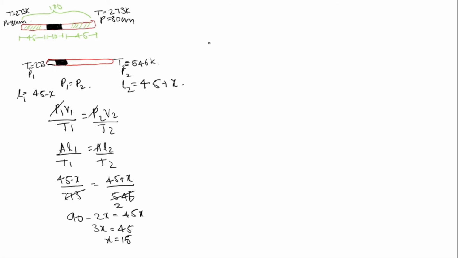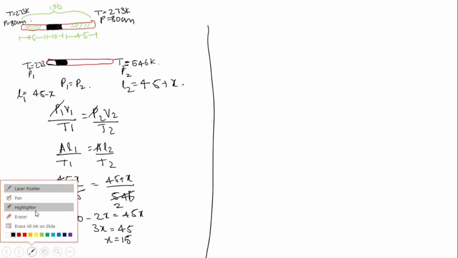We have to find P1. We'll take the left side of the mercury. Initially the left side is this one and finally it is this one. So we'll consider this as the initial pressure and P1 as the final pressure. This is 273 as initial temperature, and the final temperature is also the same. L will be 45 and L1 will be 45 minus x. I'll write all of the values now.